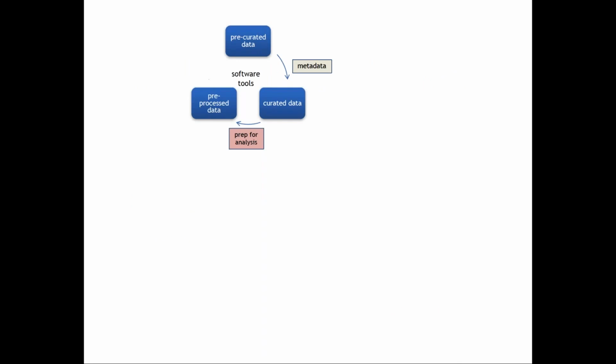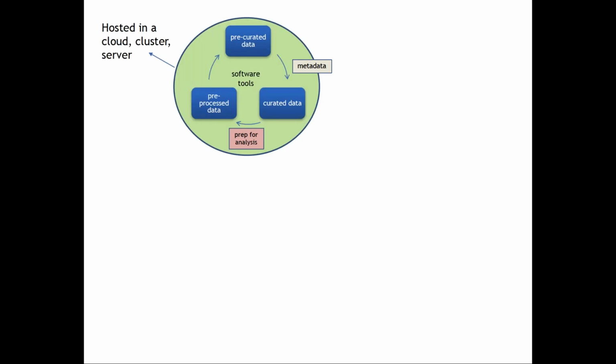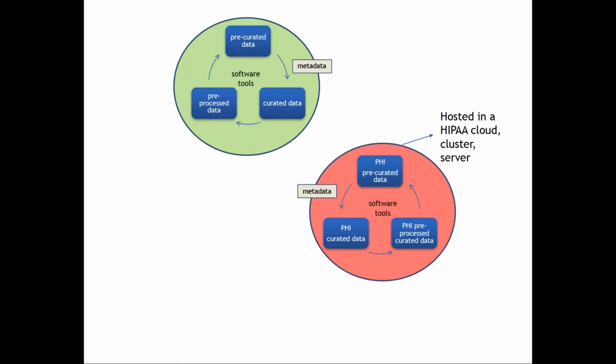So in this slide, I just show my view that pre-curated data turns into curated data and is annotated, as metadata are included, and then analytics happen. And analytics is the priority of many of the BD2K centers of excellence, and this is how it all ties together. They're hosted in the cloud, a cluster, or a server.